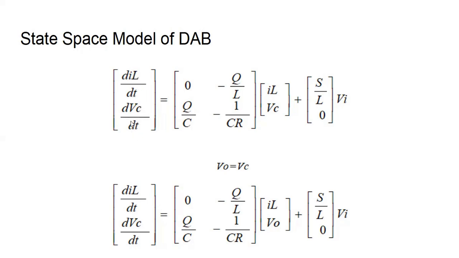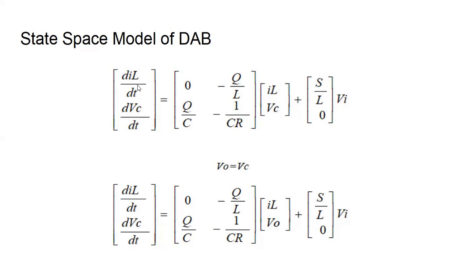There are two state variables, and this is the state matrix A, multiplied by the state variable vector, which is IL and VC, and this is the B matrix, which is the vector here, and the input variable is Vi. We have only one input variable.